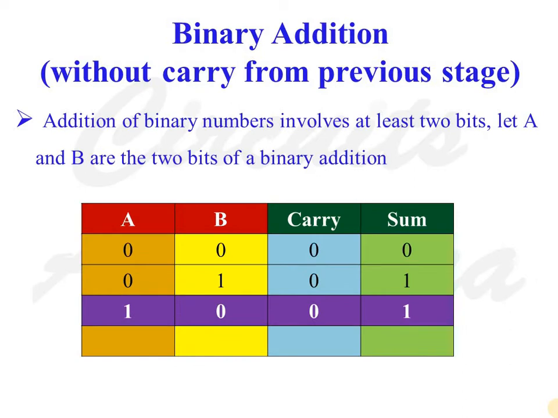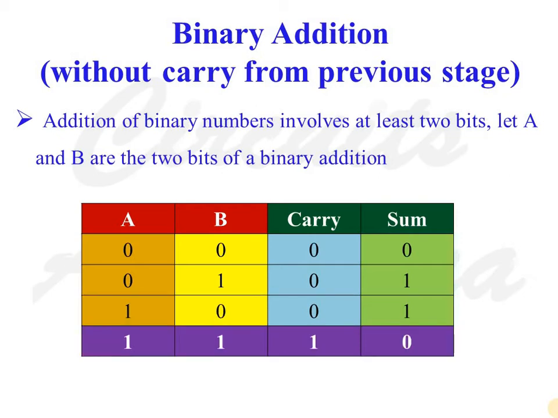A is equal to 1, B is equal to 0, 1 plus 0 is equal to 1, so sum is equal to 1, as there is no overflow, carry is equal to 0. When both inputs are 1, A is equal to 1, B is equal to 1, 1 plus 1 is equal to 2 in decimal addition, and binary equivalent of 2 is equal to 1, 0.